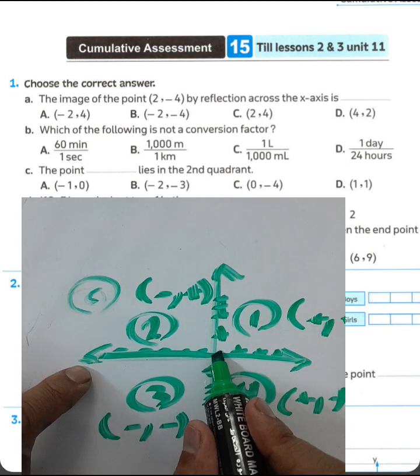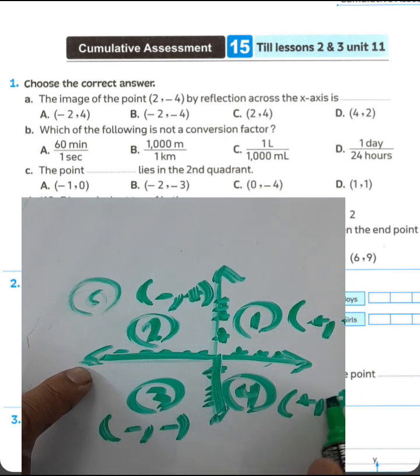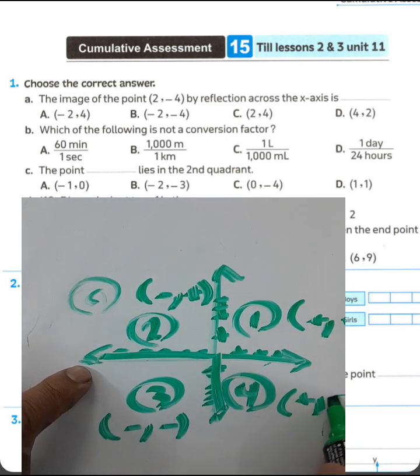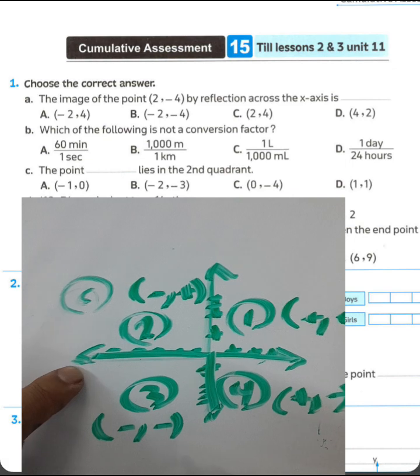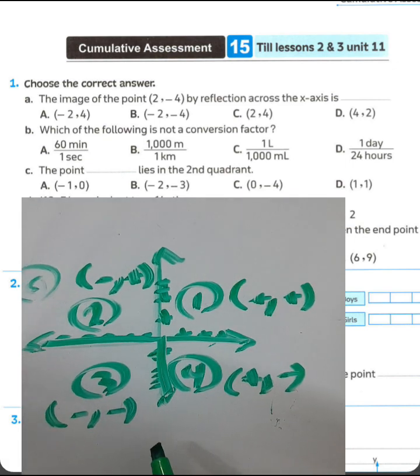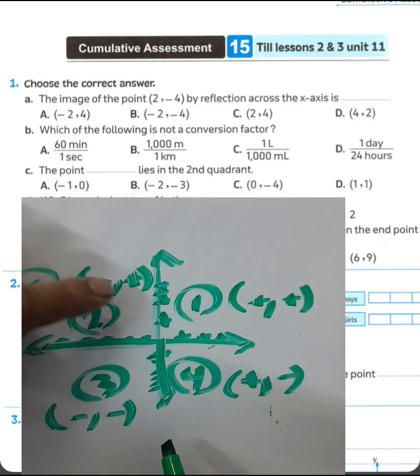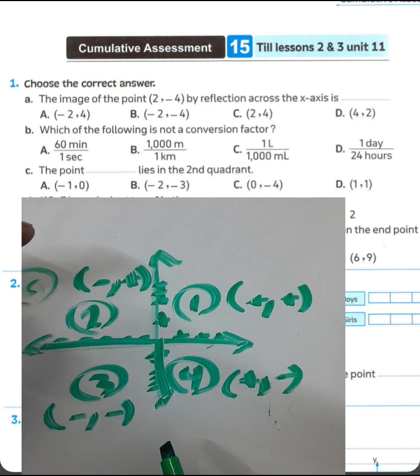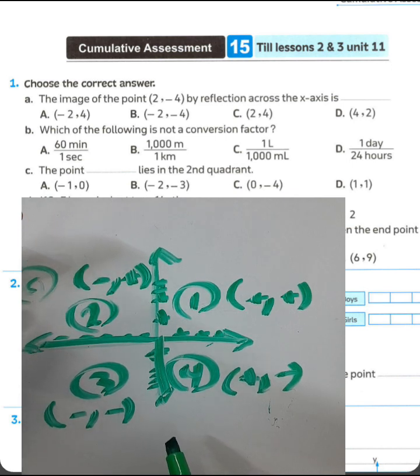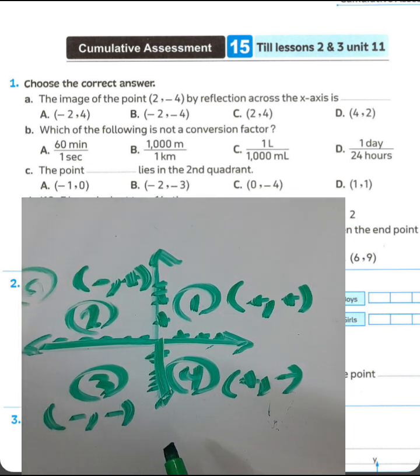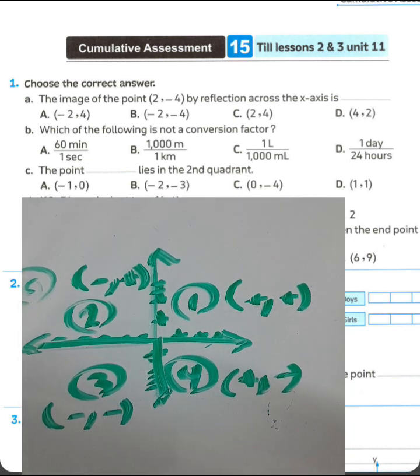Where are negative and positive? Who can tell me? The second quadrant, negative and positive. The point lies in the second quadrant.